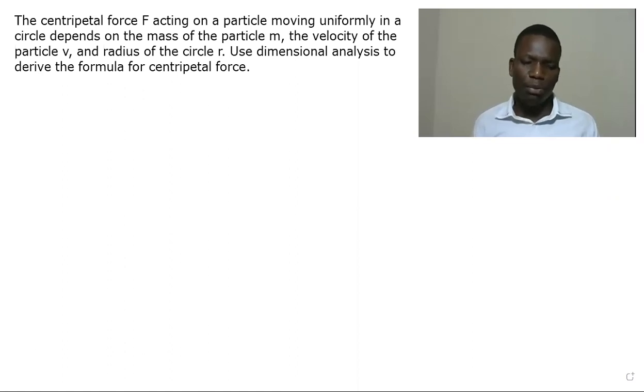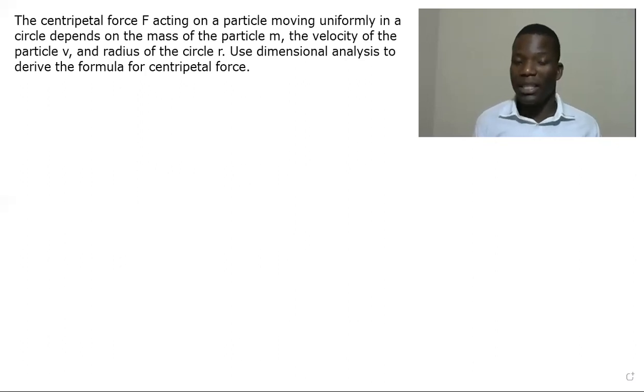So, the centripetal force F acting on a particle moving uniformly in a circle depends on the mass of the particle M, the velocity of the particle V, and the radius of the circle R. Use dimensional analysis to derive the formula for centripetal force.